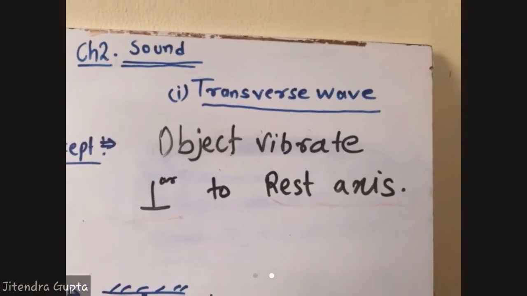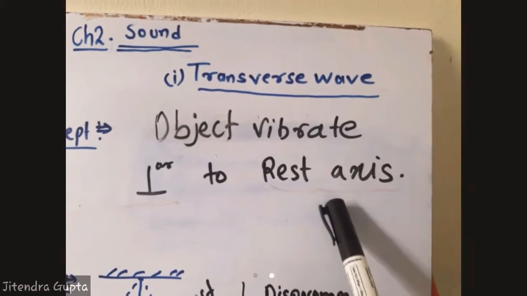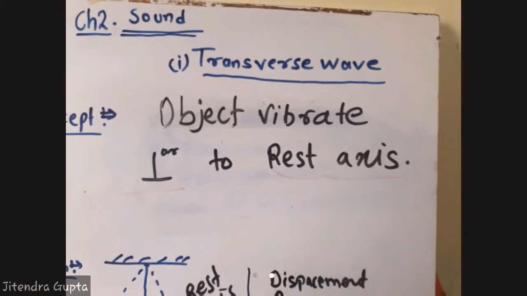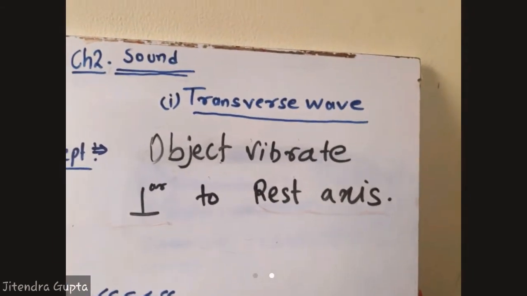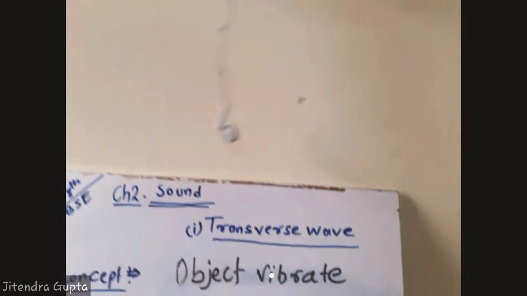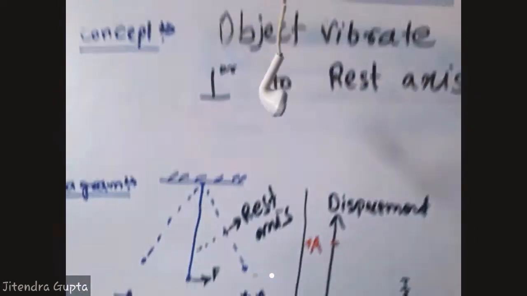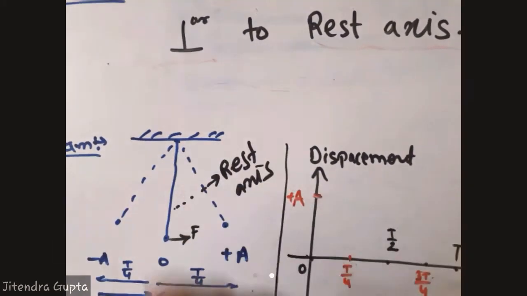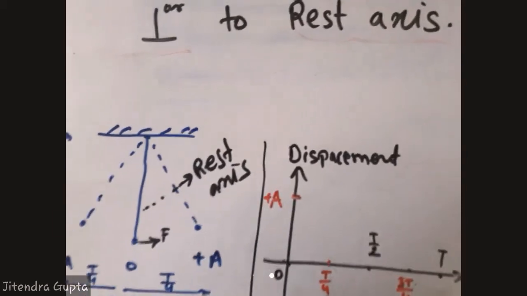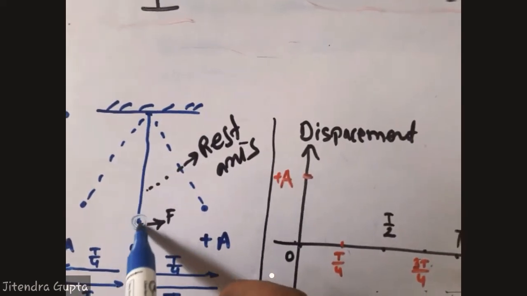Transverse waves are those waves in which the object vibrates perpendicular to the rest axis. So let us understand what is the rest axis and what is vibration. Suppose this object is suspended from a rigid support, and your object will start vibrating from its mean position.